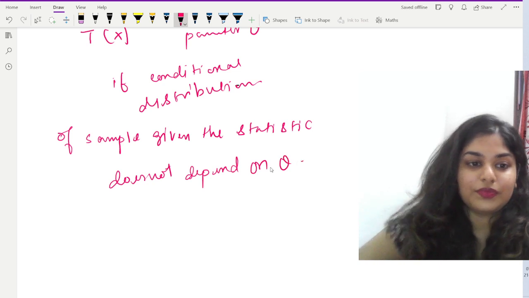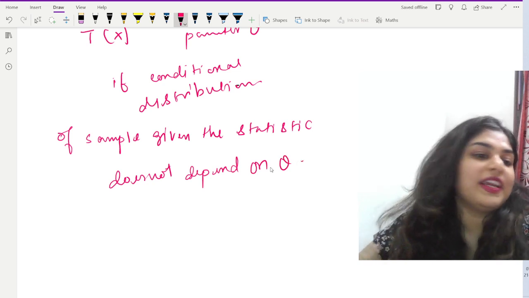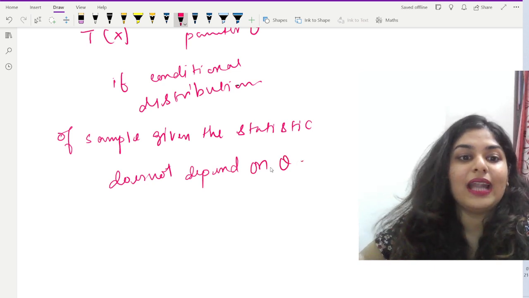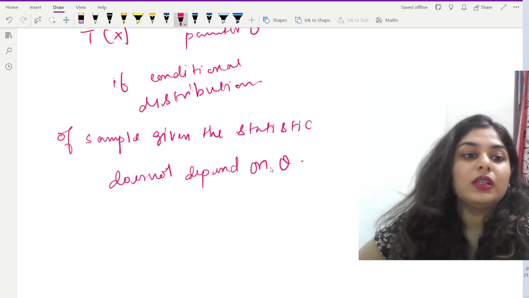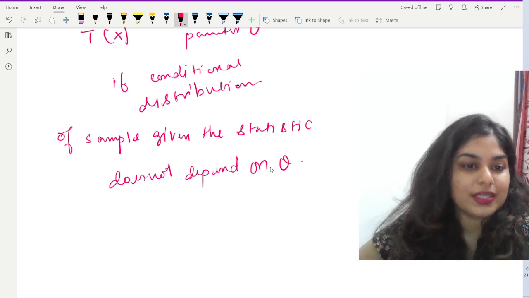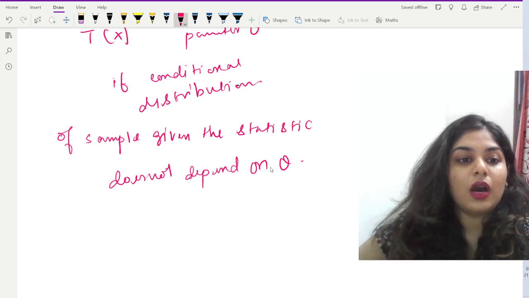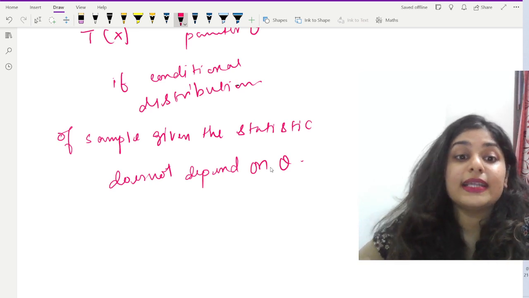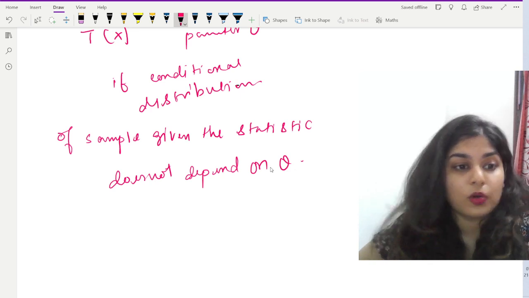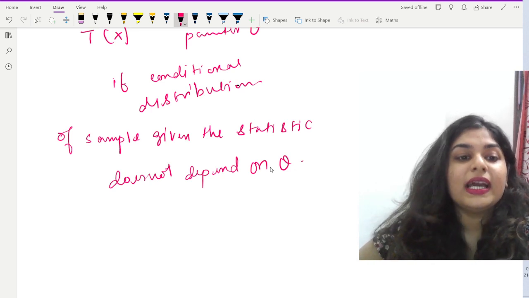on theta. Okay, so what does that mean? We have taken T as the statistic, and theta is the unknown parameter. Now from the sample we have to use the statistic to find out the unknown theta. In simpler terms, T(X) contains all the information in the sample about theta. So what does this property help in?